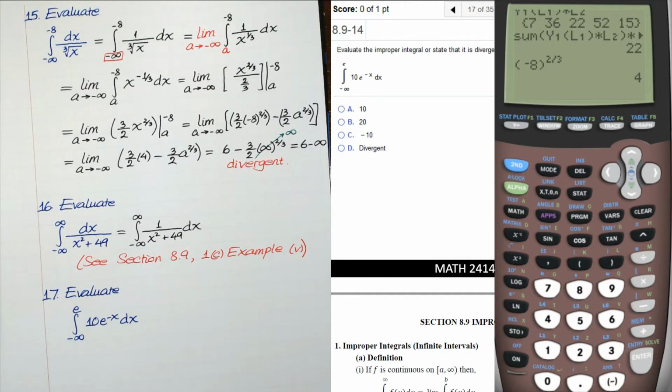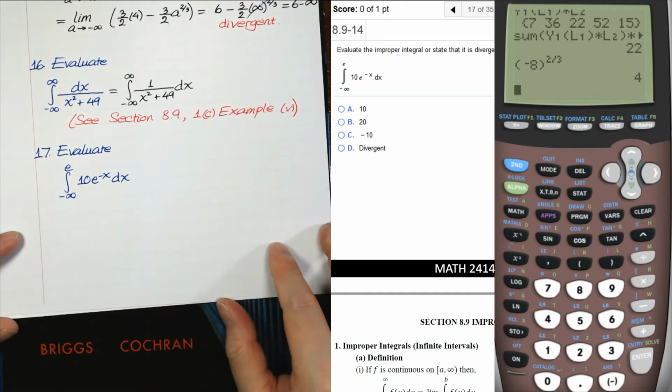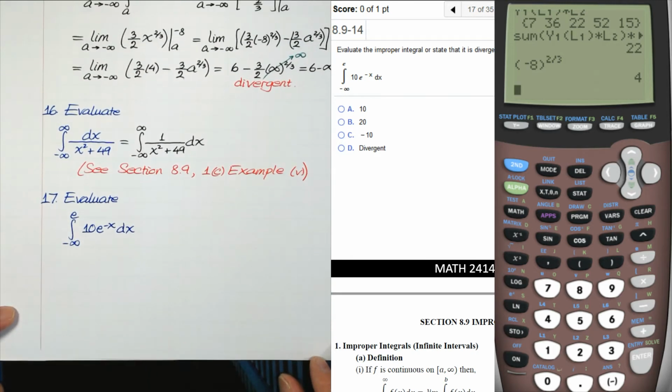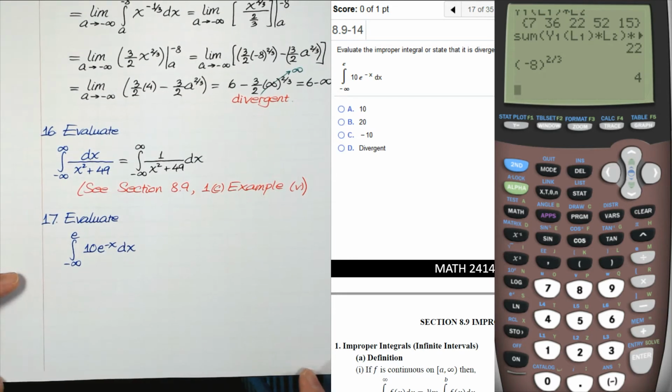Does that look like a typo or something? That's e. Right, doesn't matter. Let's just do it anyway. Right, I think we did something kind of similar in class, but anyway.